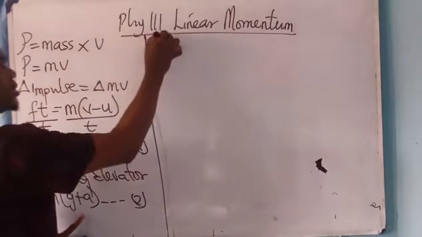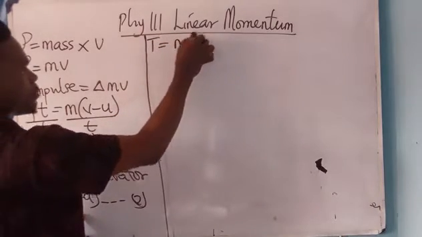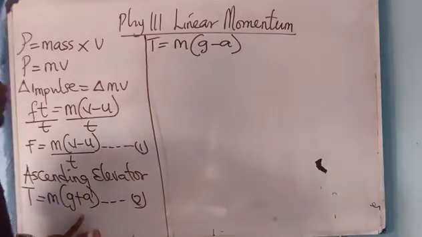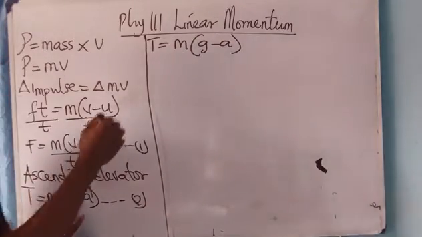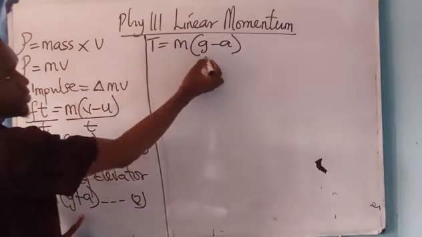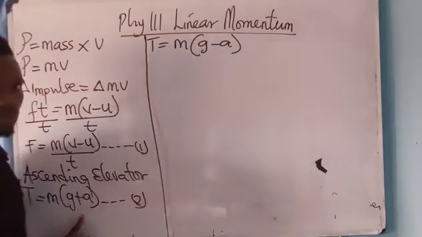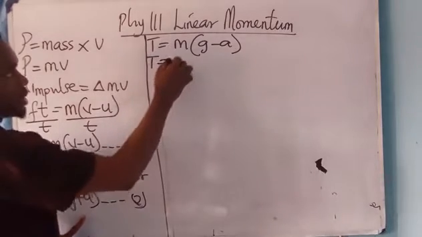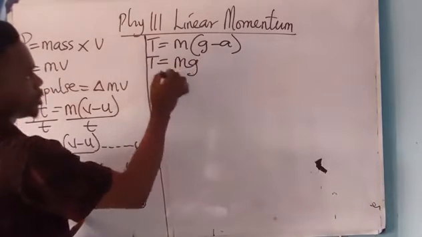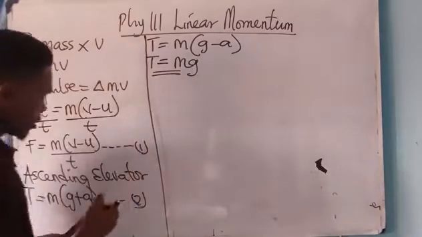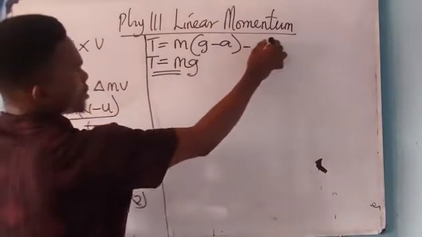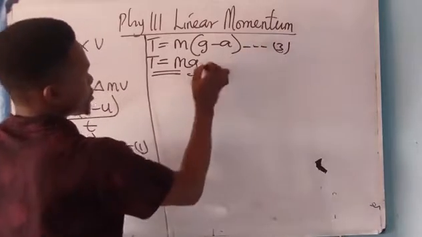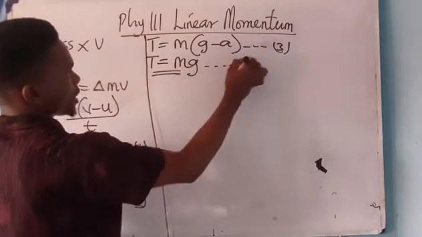Now, a descending elevator is giving us m(g minus a). A descending elevator, that is an elevator coming down. T is the tension, m is the mass, g is gravity, and a is acceleration. But an elevator going up and coming down is giving us mg. Take note of that. So these two, this is 3, and this is 4.